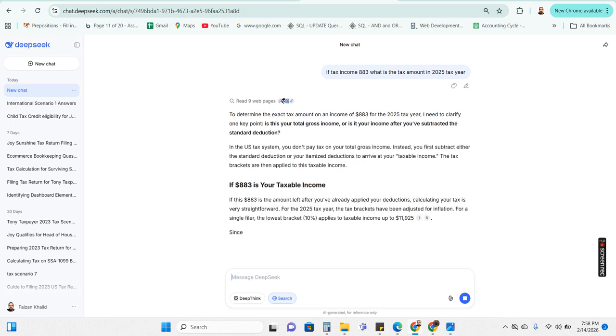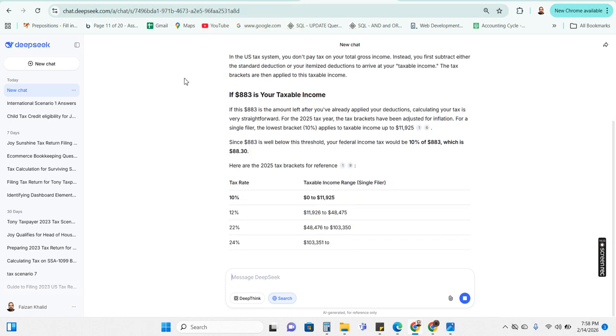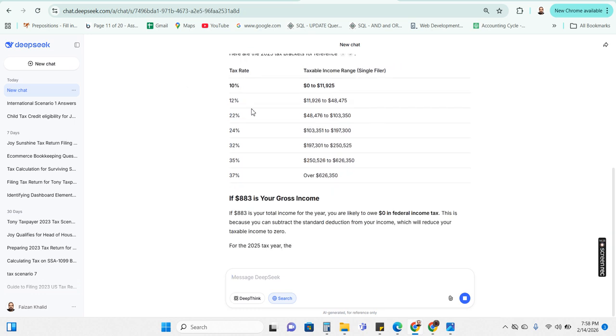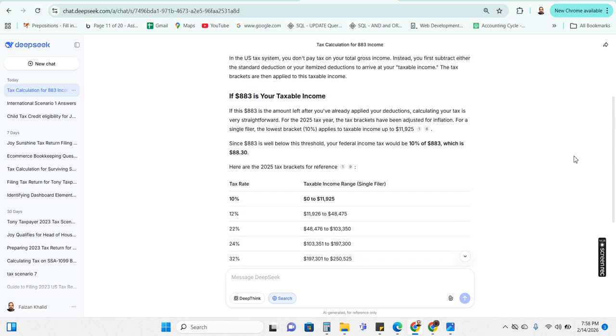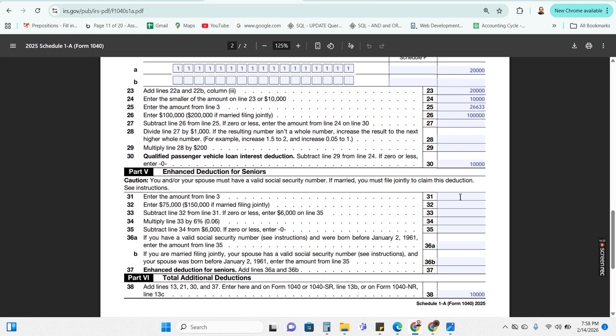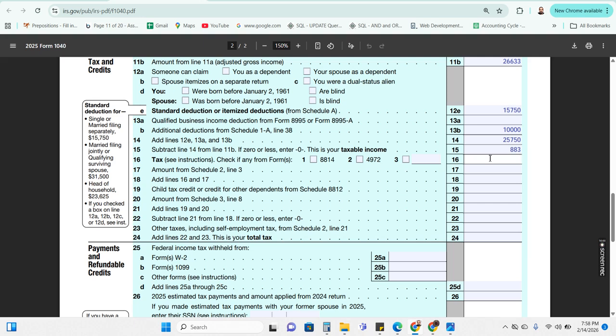Understand, ladies and gentlemen? So 883, for 10%, because we have from $0 to 11,925 at 10%, so $88 we have. Understand, ladies and gentlemen? If we go to 1040, the tax amount is 88. Why?